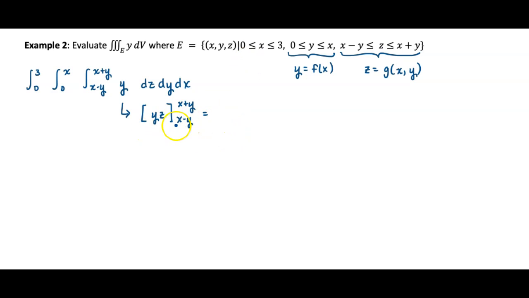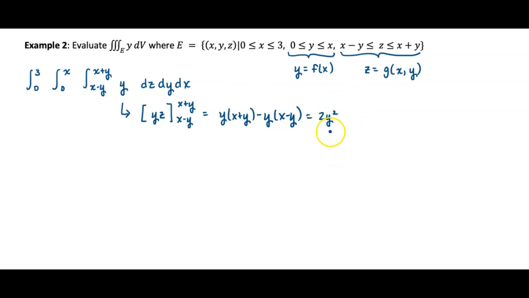So plugging this in for z, this is going to look like y times x plus y minus y times x minus y, which is xy minus xy, so those cancel out, plus y squared plus y squared, so we are just left with 2y squared.